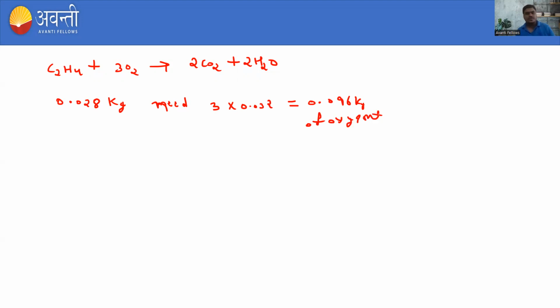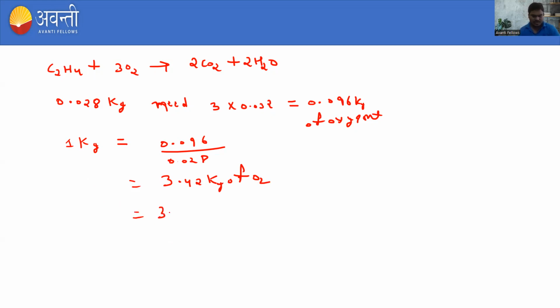ठीक है. So if 0.028 kilogram requires 0.096 kilogram of oxygen, then how much for 1 kilogram? So the requirement for 1 kilogram will be 0.096 divided by 0.028. That is 3.42 kilogram of O2. ठीक है. So how much will 2.86 need? So 3.42 into 2.86. So this comes out to be 9.7812.